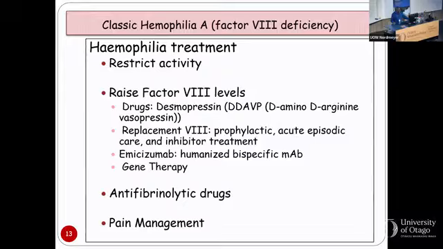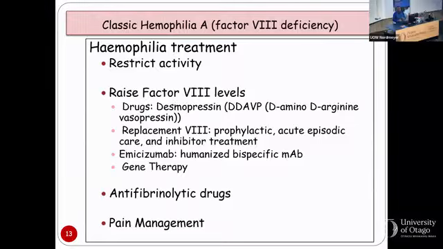So over time, we've talked about temporary boosts, like with a desmopressin kind of reagent. We've talked about prophylactic transfusions or injections with factor 8. But of course, factor 8 being a protein, you are going to source it from somewhere else.